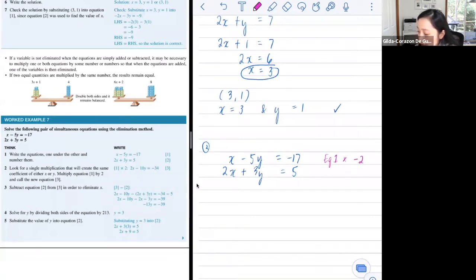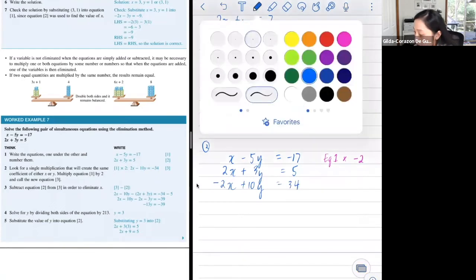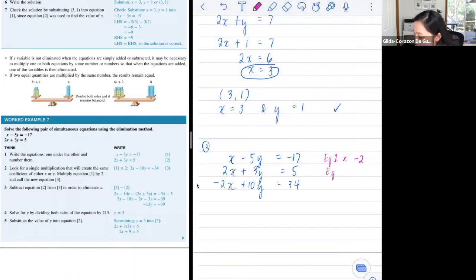So if I multiply that by negative 2, then my new equation becomes negative 2x. If I multiply negative 2 to negative 5y, I would get positive 10y. And if I multiply negative 2 to negative 17, I will get positive 34. Okay, so now I've got 3 equations, equation 1, equation 2, and equation 3, which is the same as equation 1, but it's a multiplication of each of those terms by negative 2.